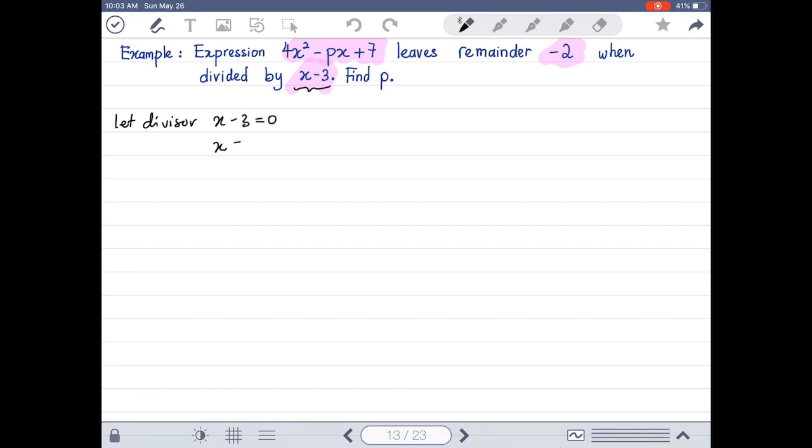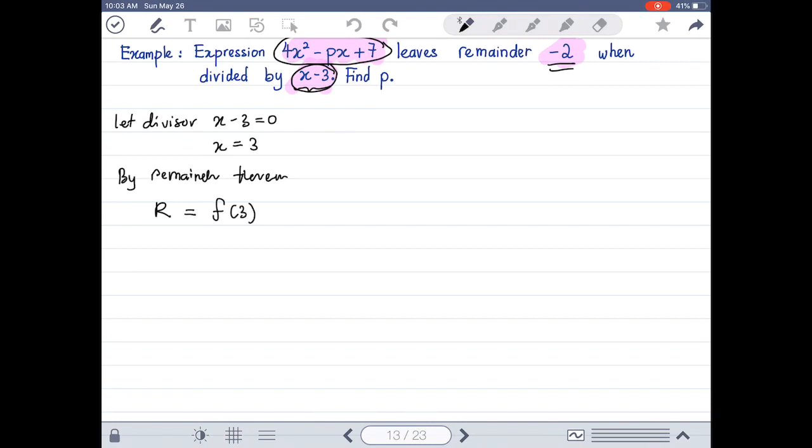Therefore, we have x equals 3 by the remainder theorem. When this function 4x squared minus px plus 7 is divided by the linear divisor x minus 3, the remainder is negative 2. So by the remainder theorem, we have r equals f(3).